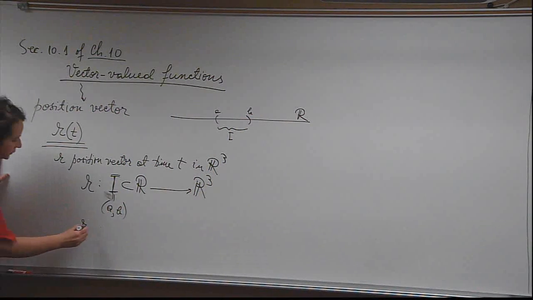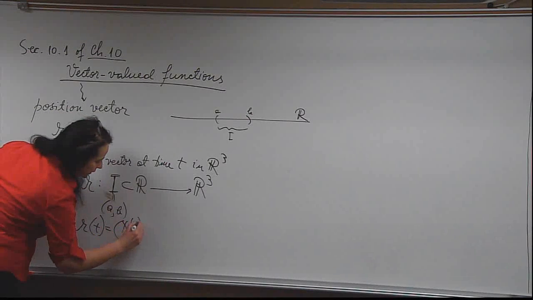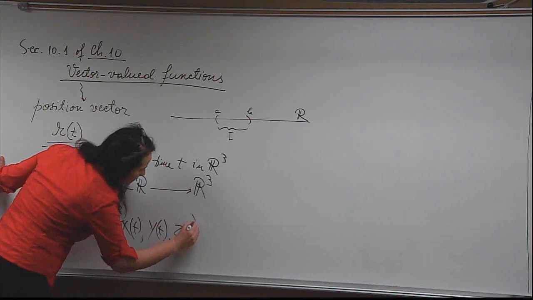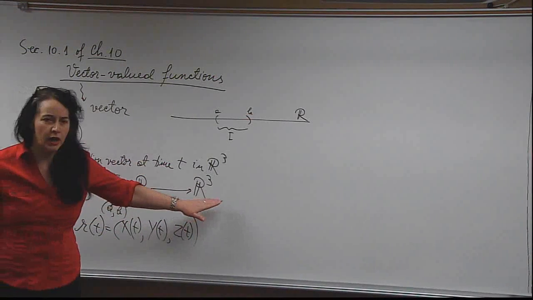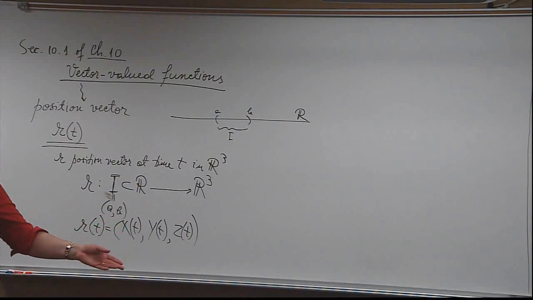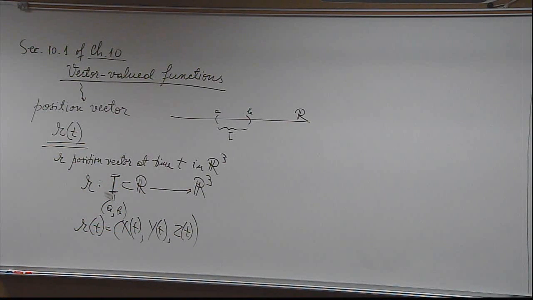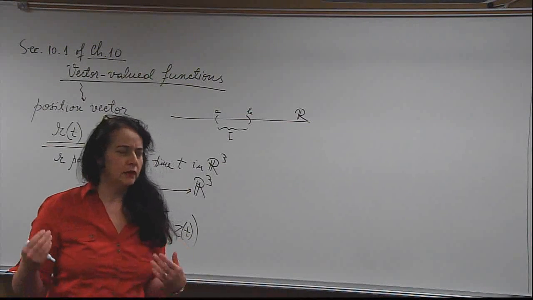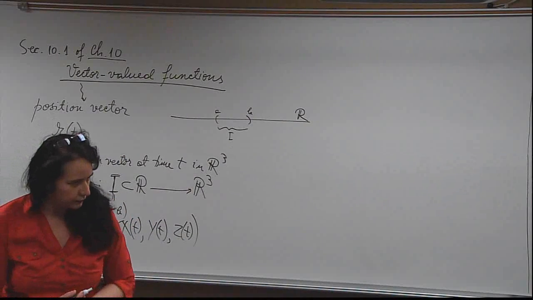So r of t is going to be x of t, y of t, z of t. The book tells you, hey guys, it doesn't say hey guys, but it's quite informal: if your image is in Rn, instead of x of t, y of t, z of t, you're going to get x1 of t, x2 of t, x3 of t, up to xn of t, right?